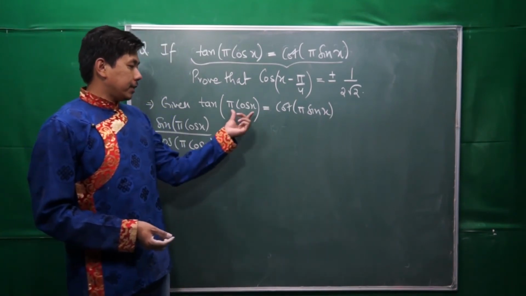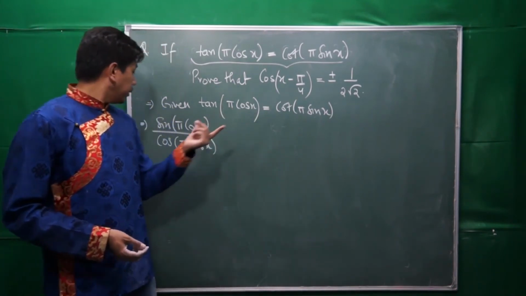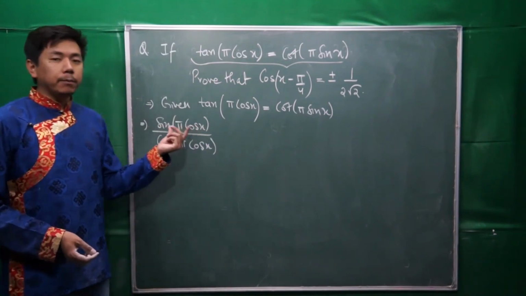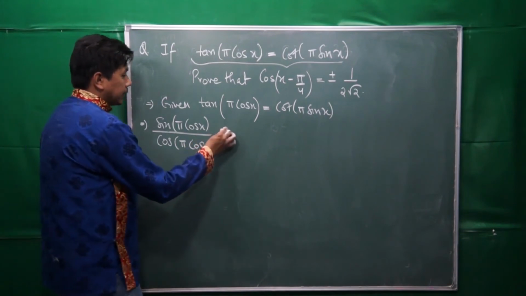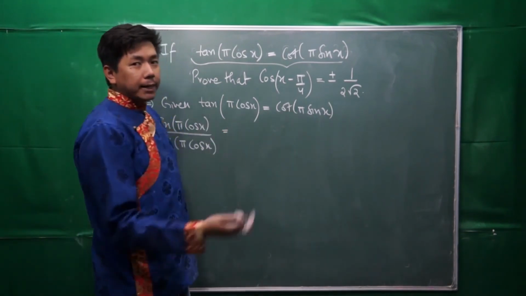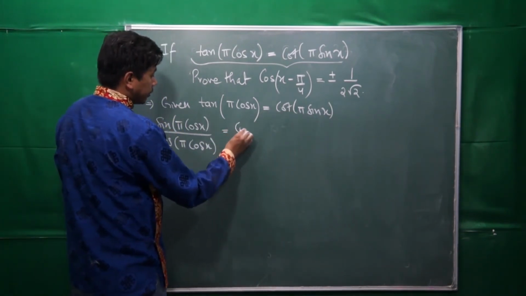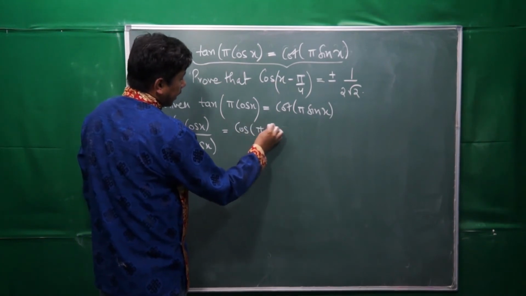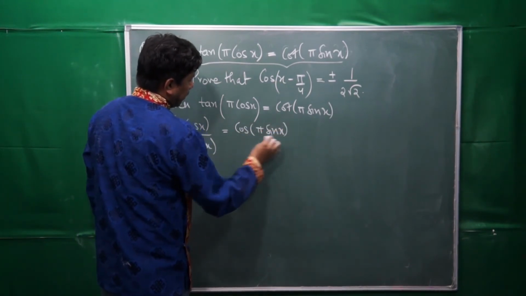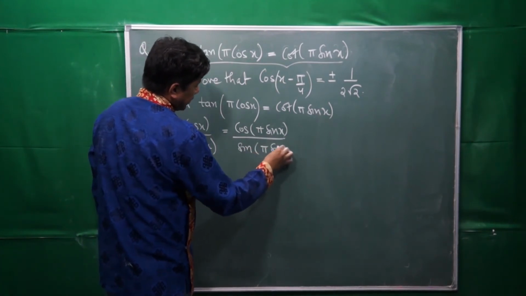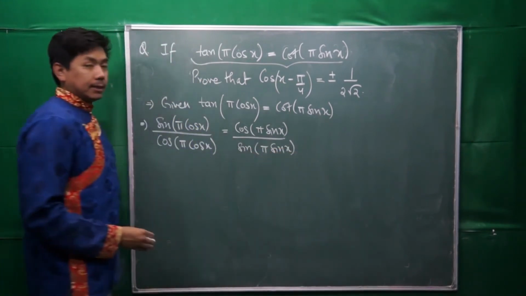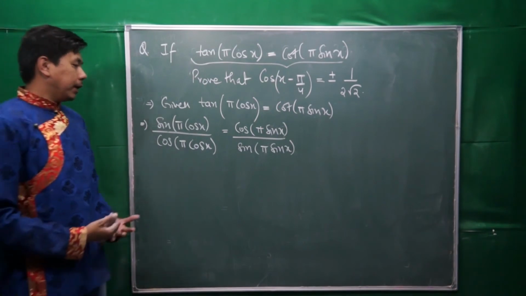Now instead of x, you have got this whole term, so I write sin of this whole term divided by cos of this whole term. Similarly cot(pi sin x) can be written as cos(pi sin x) upon sin(pi sin x). Your first step is done.